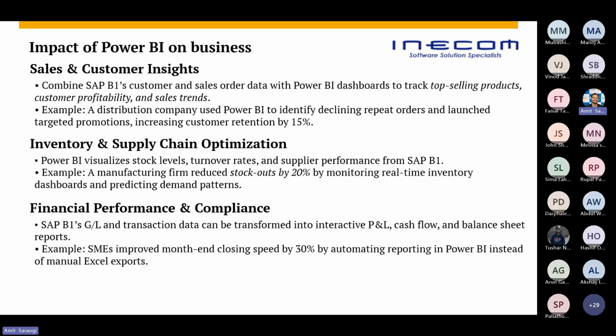Then we will also look at the second, which is inventory and supply optimization. A Power BI dashboard which visualizes the stock levels in real time gives you the turnover rate and supply performance. All this data is coming from SAP B1. In a real case scenario, a manufacturing firm reduced stockouts by 20% just by monitoring real-time inventory dashboards, because it was predicting, for example, that a particular stock is very fast moving.